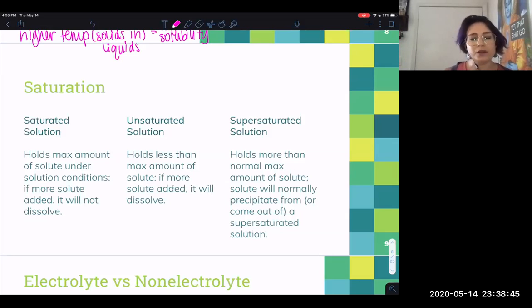Unsaturated would be a lighter amount of pigment. So saturated means that at that temperature, you've maxed out as much as you can put in. I have as many particles of sodium chloride as I can get in that amount of water. If I put in any more, it won't get dissolved.